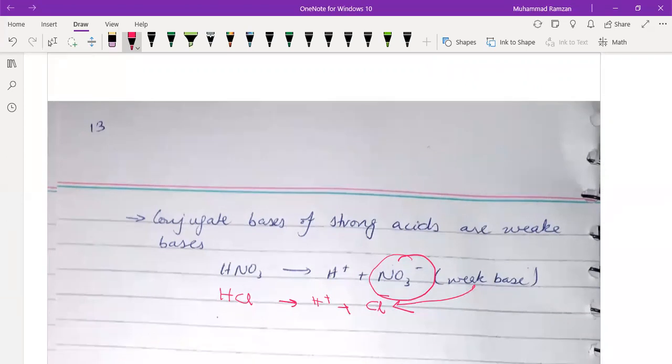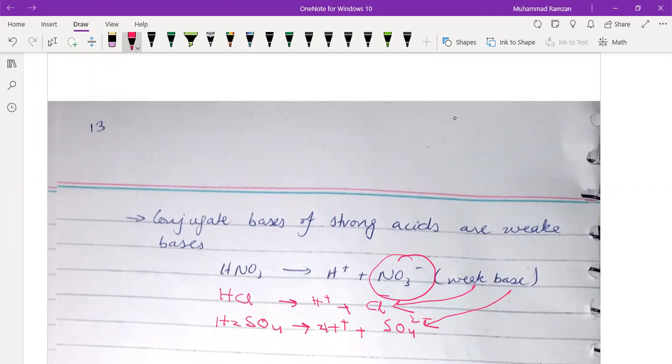Likewise, H2SO4 gives H plus and SO4 2 minus. This SO4 2 minus is a weak base, the weak conjugate base of H2SO4.